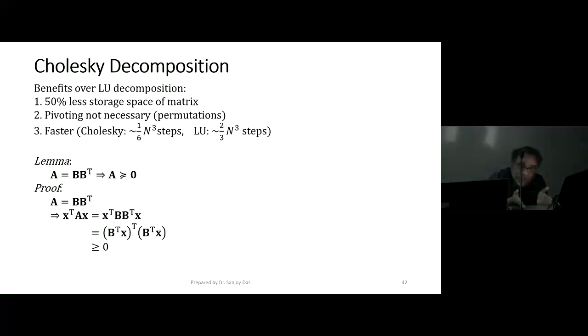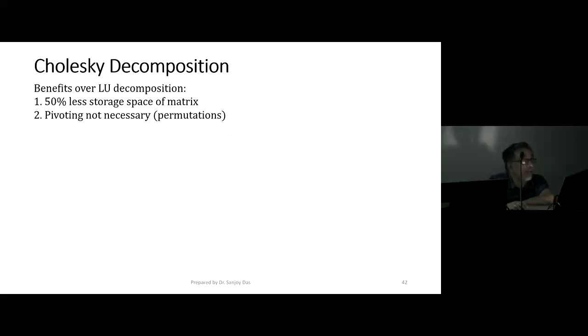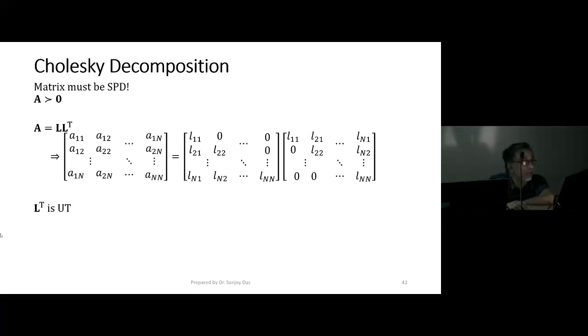B transpose X is non-zero, which means that B must be full rank. In which case A is positive definite, not positive semi-definite. And like I said, when we are doing Cholesky decomposition, I'm assuming that L is full rank. Otherwise, Cholesky will give you a divide by 0 error.